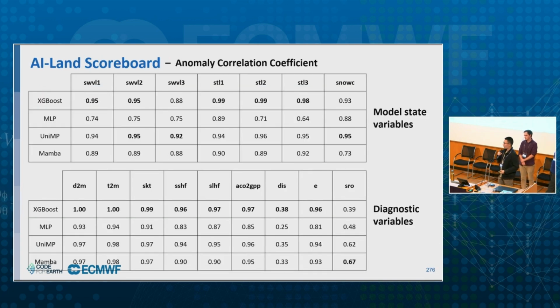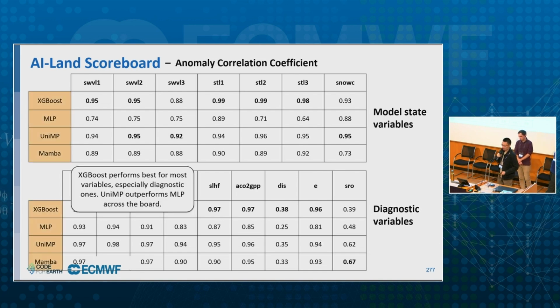So first of all, we summarized the results of our 4 AI land models, or machine learning emulators, for all the target variables, or 16 target variables, into this scoreboard. Here we only show the example of the anomaly correlation coefficient as the evaluation metric. Basically, the closer to 1, the better the model performance.